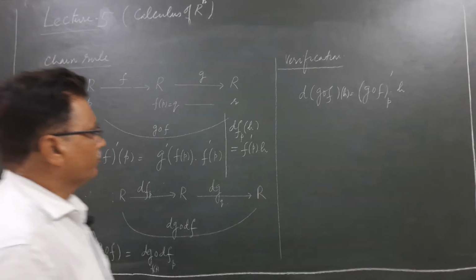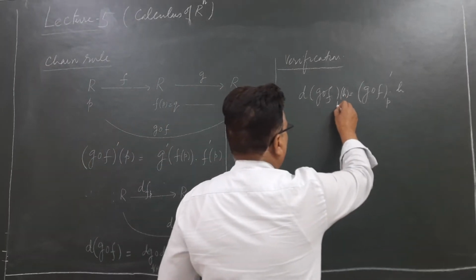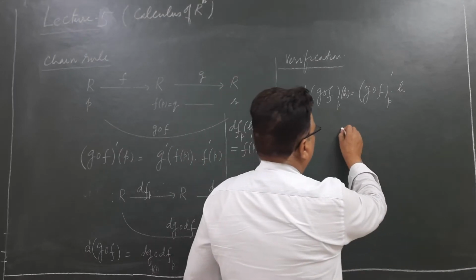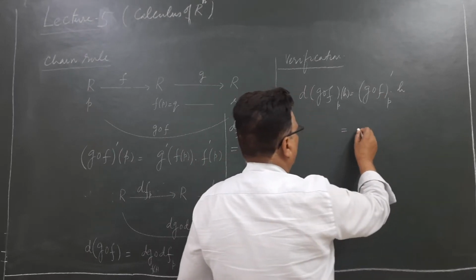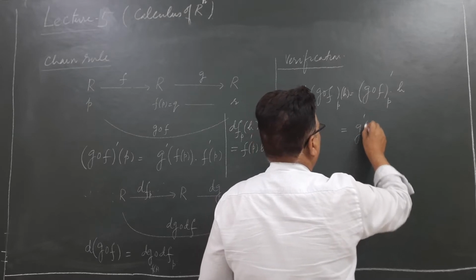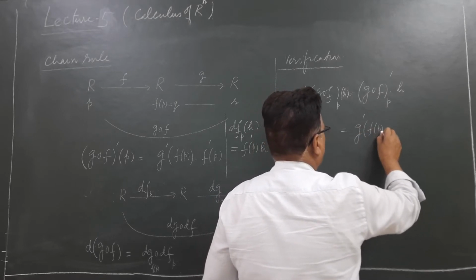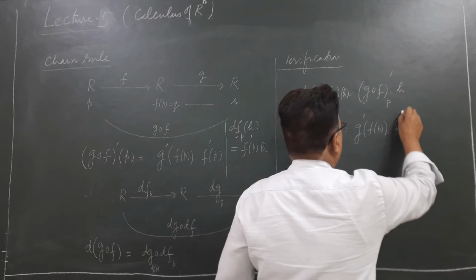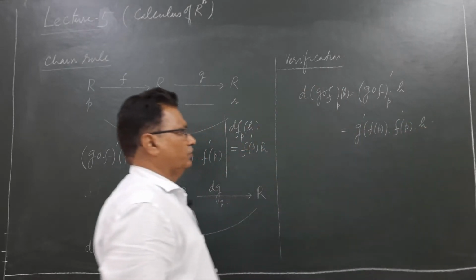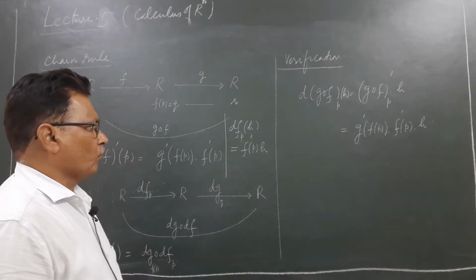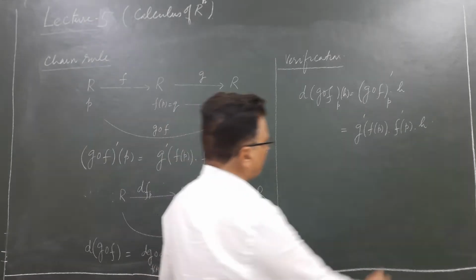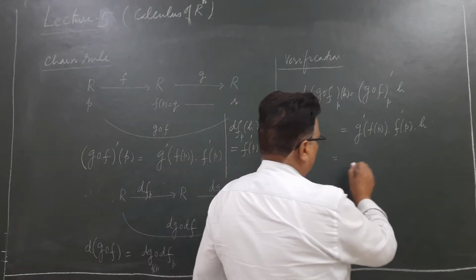Look at the right side, apply the chain rule for derivatives. This is g dash of f(P) into f dash P, and you have to multiply by h. I have written everything by definition.